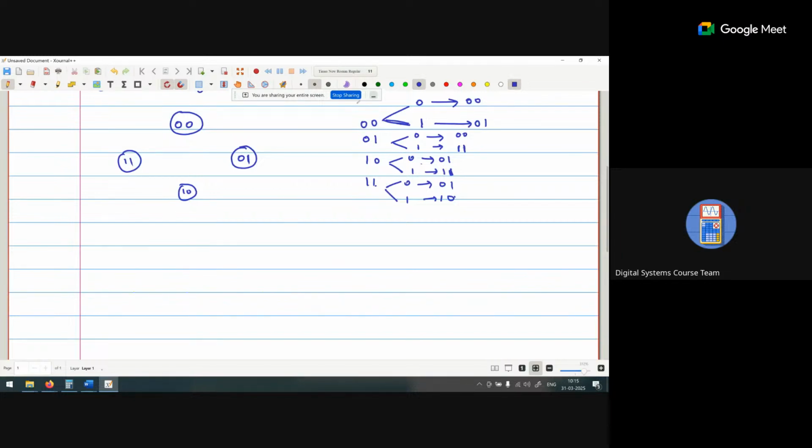So when the state is 00 and input is 0, it will remain at this place, and when 00 input is 1, it will go to 01. Now 10, it will be 0, so it will go in this direction, and 01 with input 1 becomes 1.